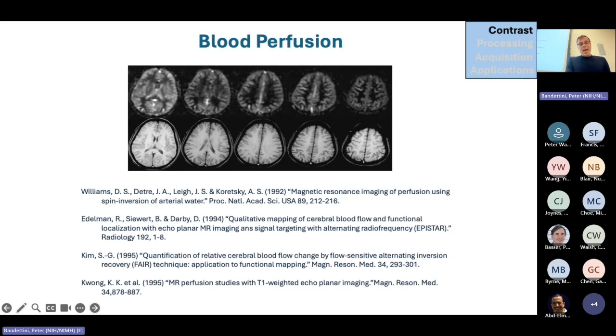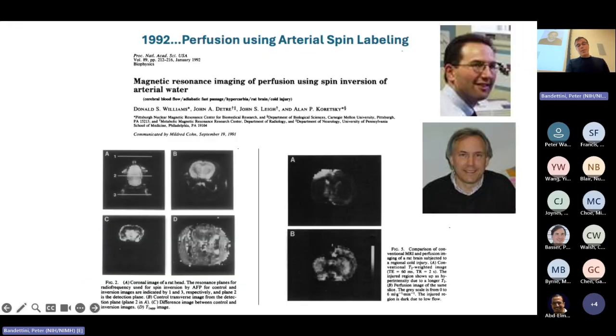He had a very early perfusion imaging technique. As I mentioned, Edelman and Kim and Kwong had their other techniques. These are better maps than what they showed. It's gotten very good at looking at quantitative perfusion. And that was Alan Koretsky and John Detre with their technique, 1992.